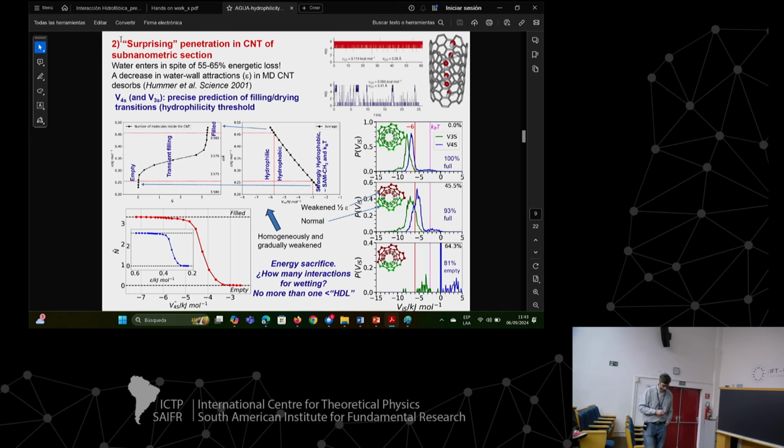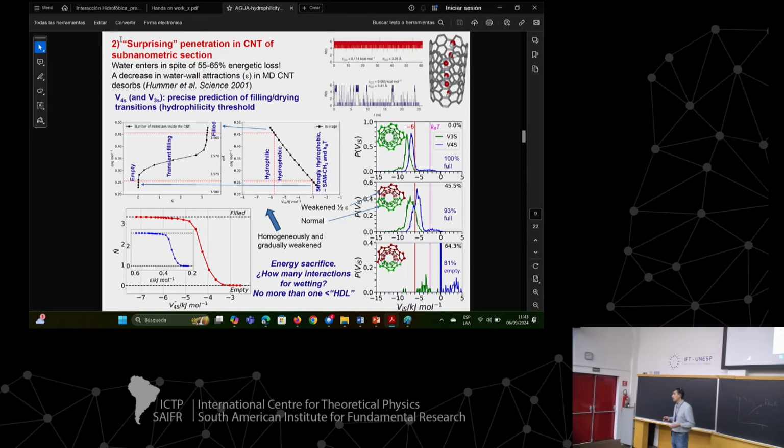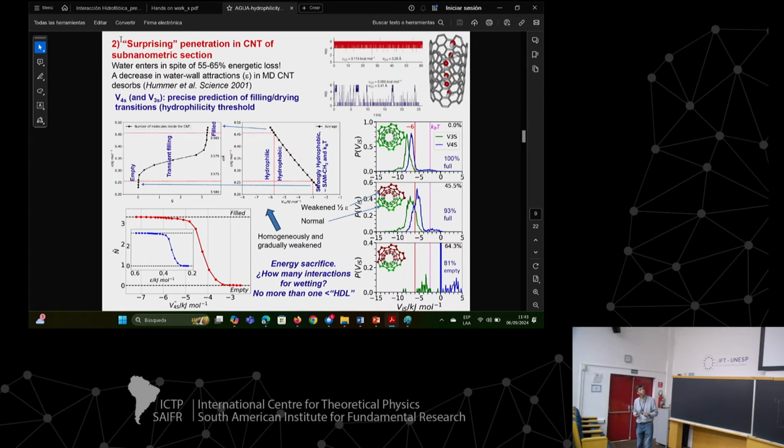Well, this is another example. These are very old simulations by Hummer et al., who found that when you have a very narrow carbon nanotube, below 1 nanometer wide, water enters and fills the carbon nanotube. That was rather unexpected, since in a really hydrophobic system with a pore of this dimension, water should not enter, as it's not going to sacrifice 2 hydrogen bonds.